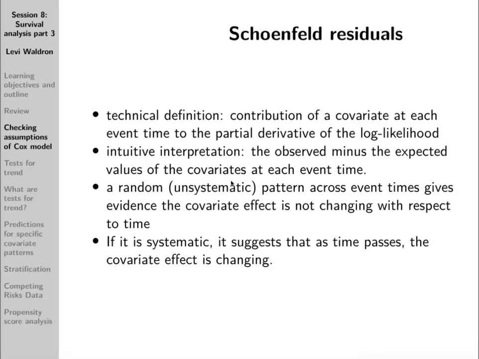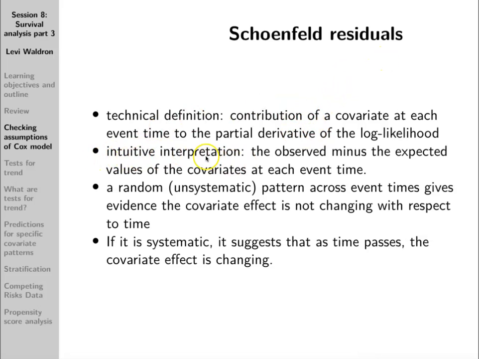All right, so here's a set of residuals that I actually do like, the Schoenfeld residuals. The technical definition of these is the contribution of a covariate at each event time to the partial derivative of the log likelihood. That means it allows for a time-dependent contribution of each covariate.